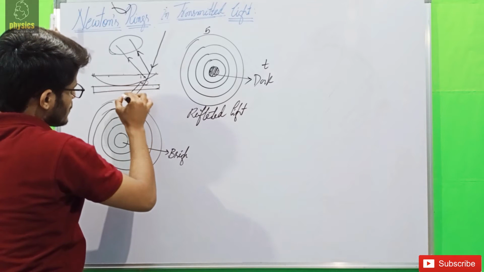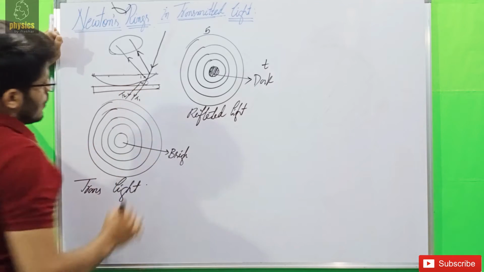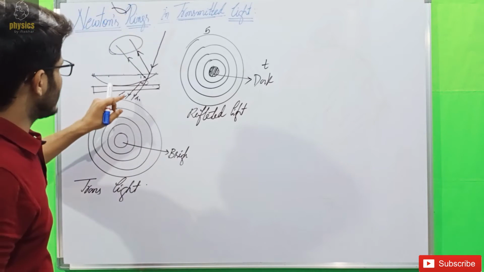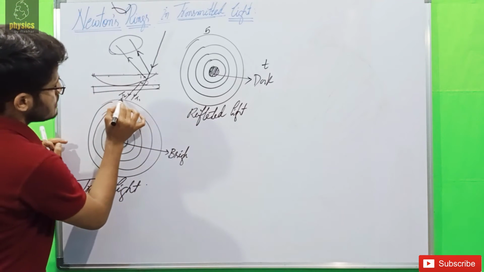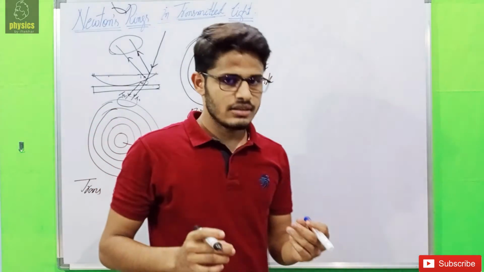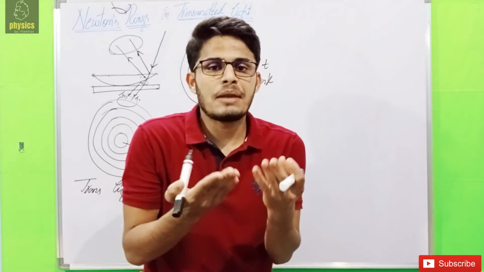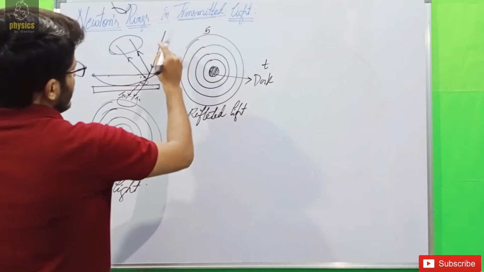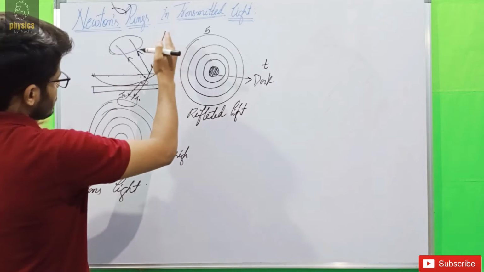So now this transmitted light ray is producing two lights. These two light rays are coming from a single source, and they are coherent and near to one another. They can produce the interference pattern. So the story is something like this.